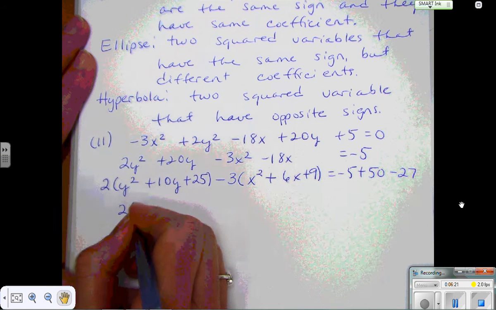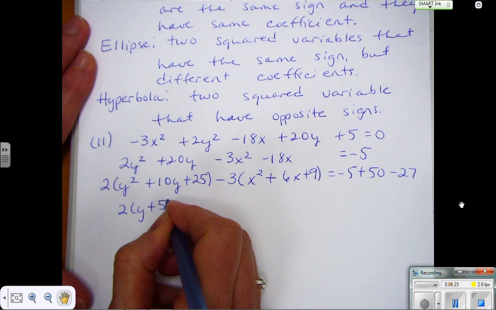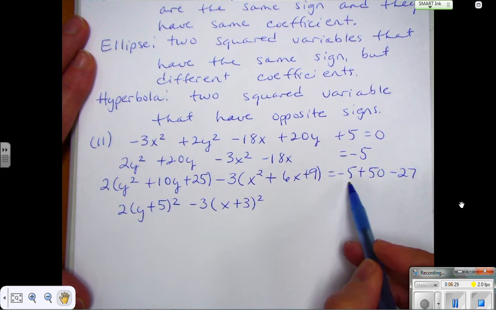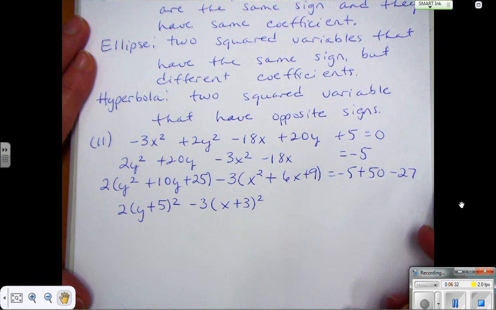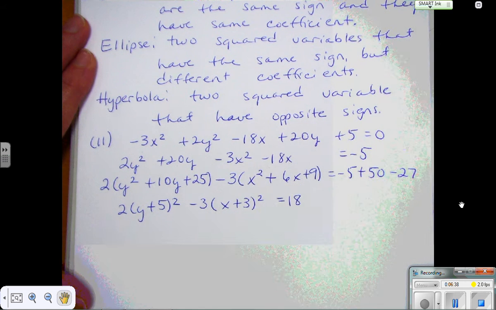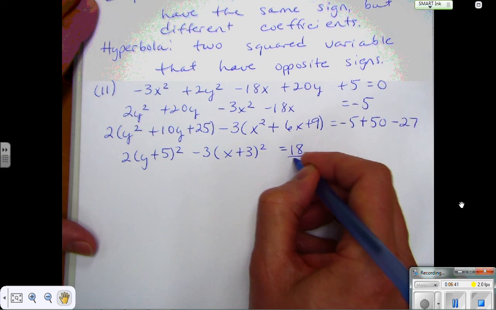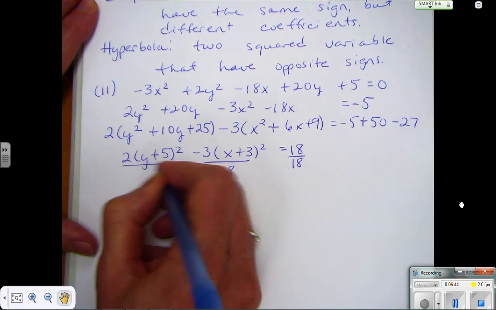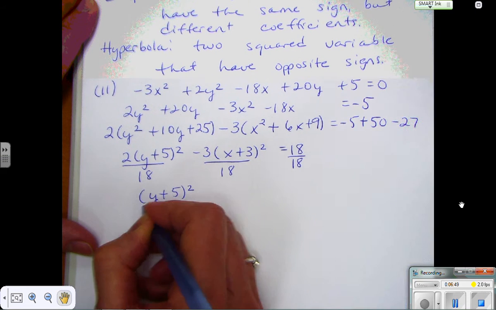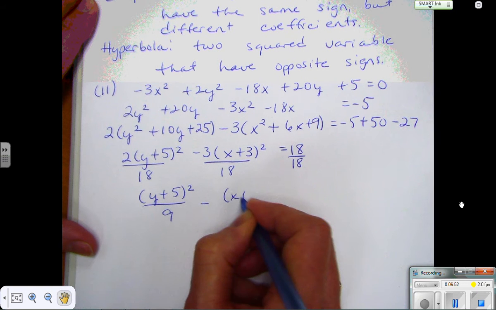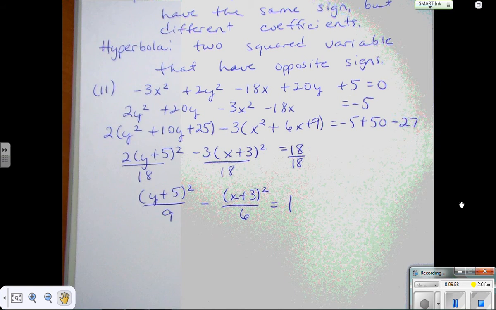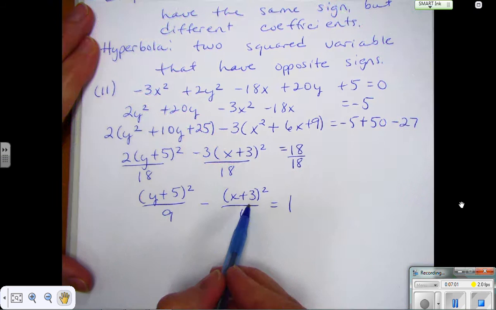Okay, so now I can factor. And I add my constants together. I think that's going to be 18. So the last thing I need to do is divide everything by 18, and I'll have it equal to 1, have it in standard form. (y + 5)^2 over 9 minus (x + 3)^2 over 6 equals 1. Now I can find my center. And remember, your h is with the x value.